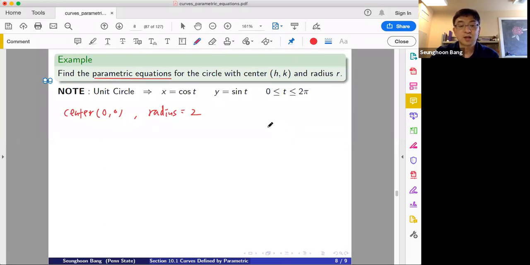This is not difficult. Do you know what x equals something, y equals something is? What are x and y for radius 2, center 0, 0? Do you have any idea?